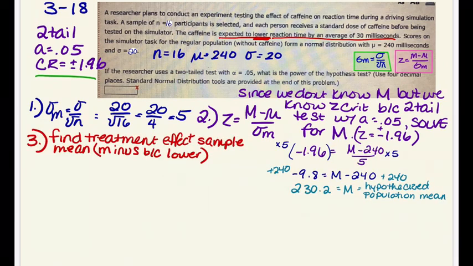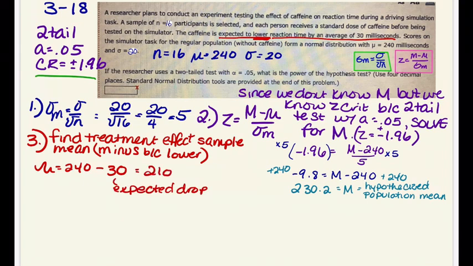Next, we're going to find the treatment effect for the sample mean. So we have the sample mean of 240 minus the 30 milliseconds that the reaction time is expected to drop. We come up with 210.